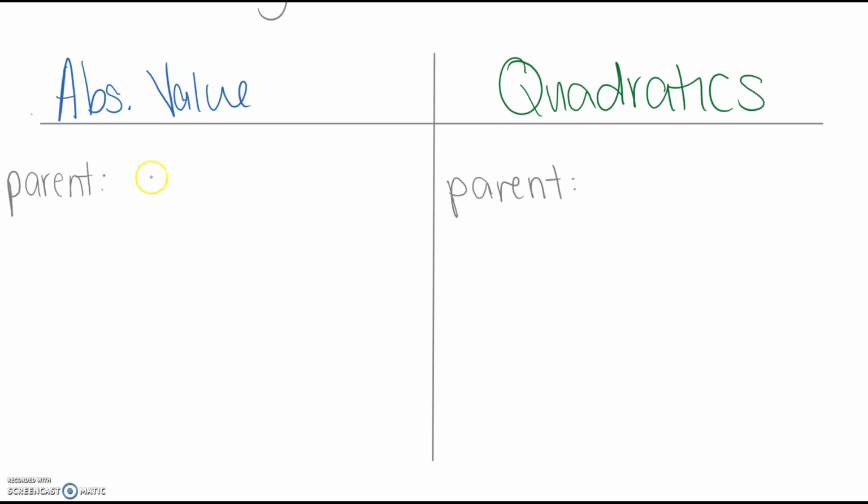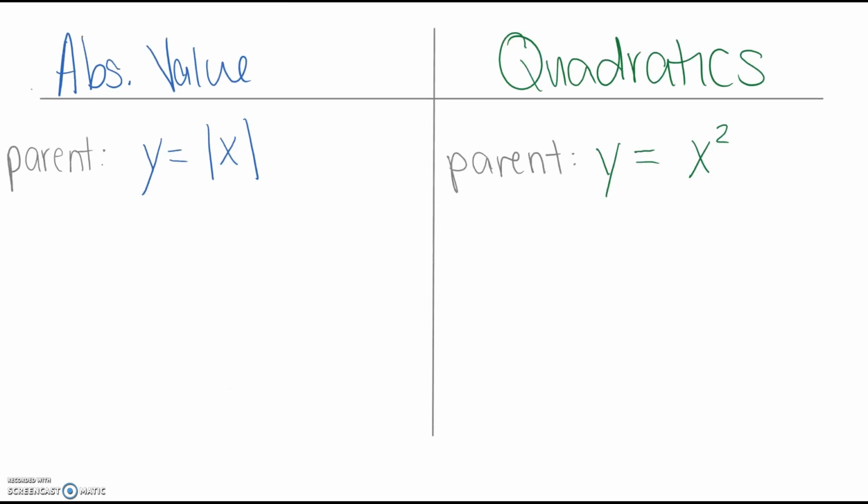So the simplest absolute value equation is just y equals the absolute value of x. And the quadratic parent is y equals x squared. Make sure you also know how to graph these. Okay, so that's the most simple equation, the parent.